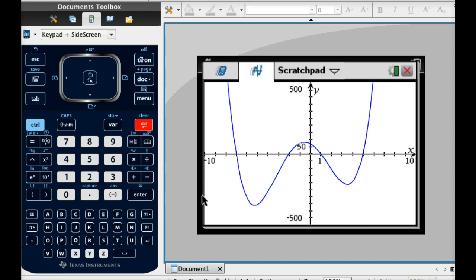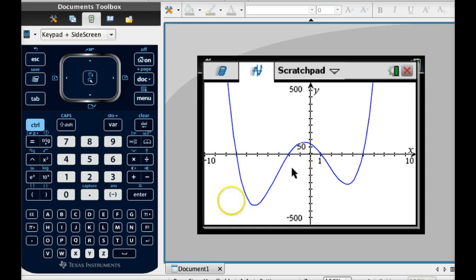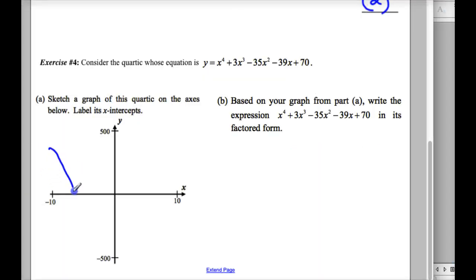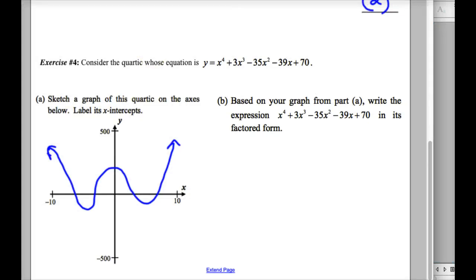So we're going to go ahead and sketch that graph. Let's see what it looks like. It looks like something is coming like this, then it comes like this, and it goes like this. So I want to find what are these 1, 2, 3, 4 solutions. I want to see what is this point, what is this point, what is this point, and what is this point. And then we're going to label this diagram.